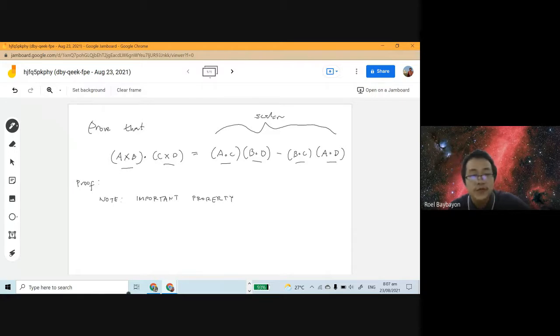If we have the summation over i of epsilon_ijk times epsilon_ilm, take note, this is summation over i lang.